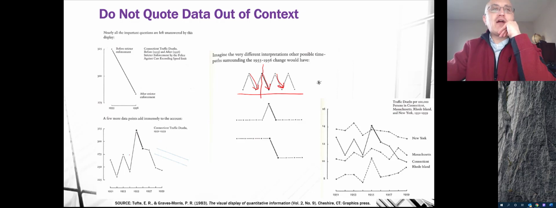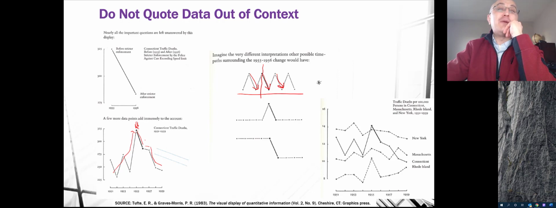Well, if we put it in a different context, if over the years we start to see this trend growing, and then we enforce speed limits right here, it's a bad arrow, and we see a drop, and then it continues to drop, right? Then we might ask, well, did enforcing speed limits cause a reduction in traffic deaths in Connecticut?